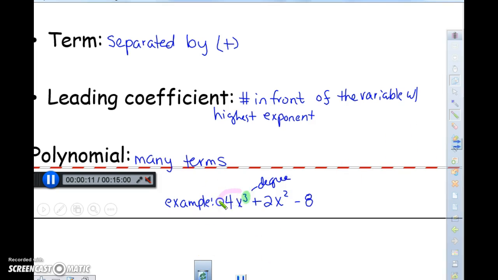It has 1, 2, 3, so we have 3 terms. And our leading coefficient is 4, the number in front of our x cubed, our highest exponent.